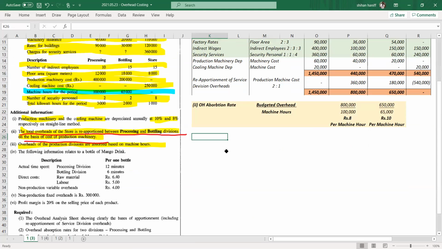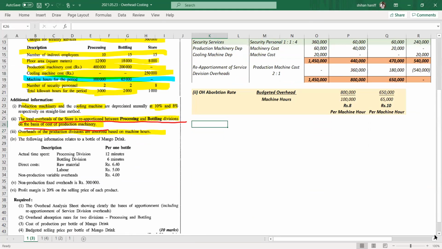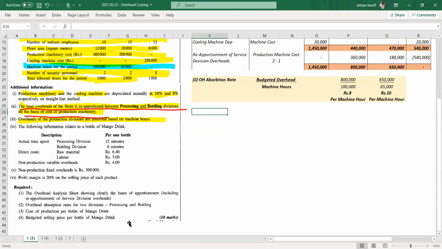Then the third part is cost of production per bottle of mango drink.